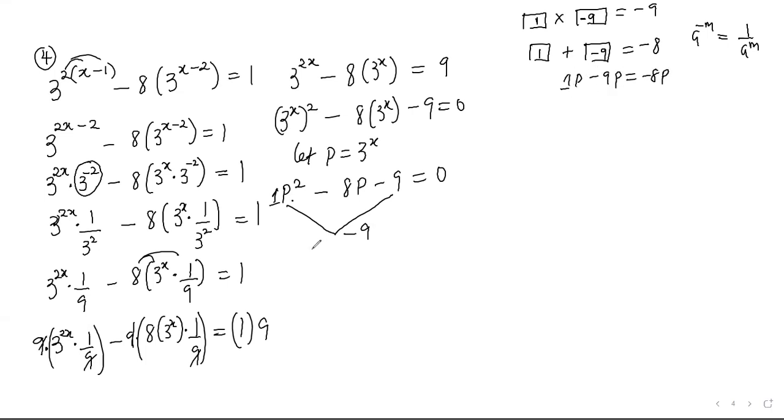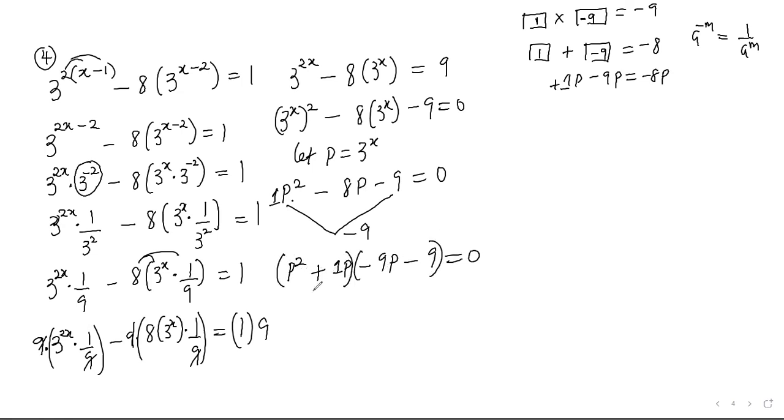So now I write this as p squared, and instead of minus 8p, I write plus 1p minus 9p, minus 9 equal to 0. You group them as usual.